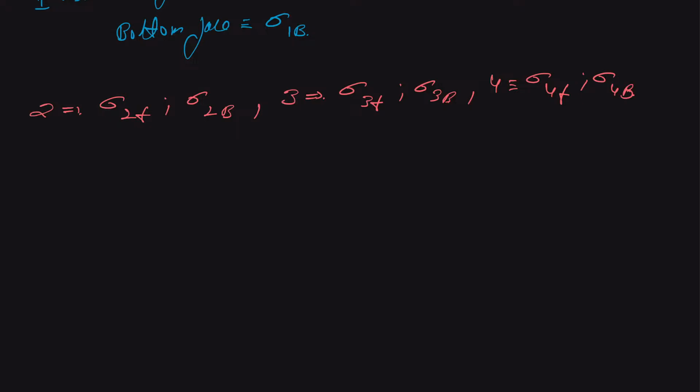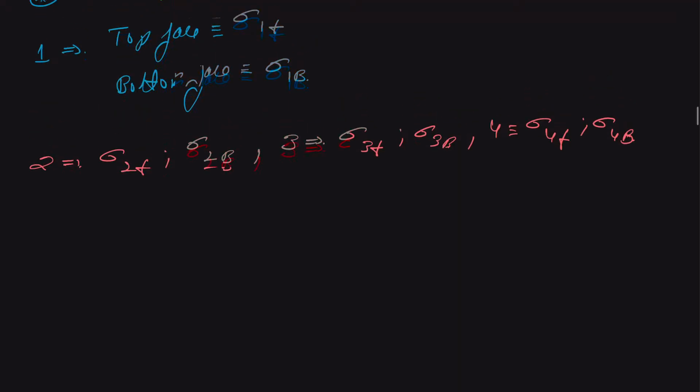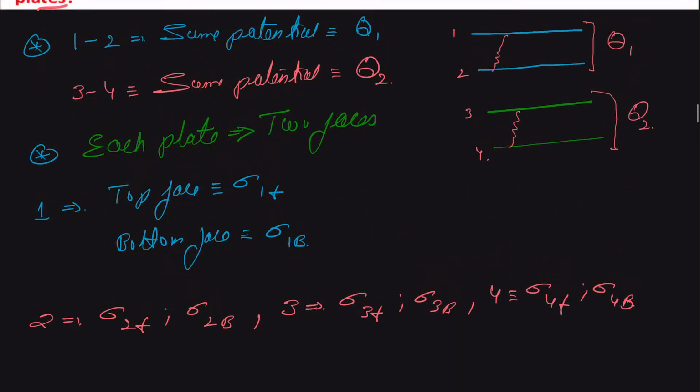So there are 4 plates with 2 faces each, so there will be a total of 8 surface charge densities. We assume that this distance is d1 and this distance is d2. And this we call d3 and this we call d2, because 2 and 3 will also be parallel plate capacitors.